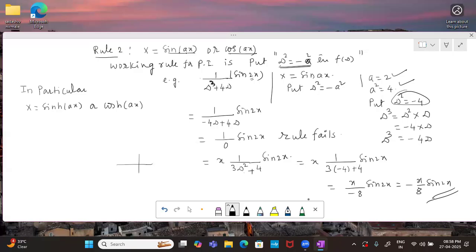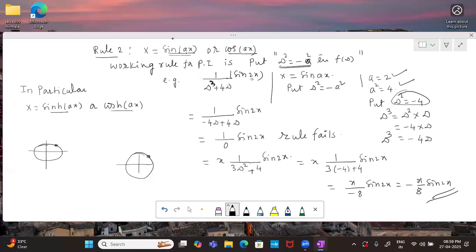Every point on the circle can be represented by sine function or cosine function. And every point on the hyperbola is represented by these two functions, sine hyperbolic x or cos hyperbolic x. That's why they are known as hyperbolic functions.